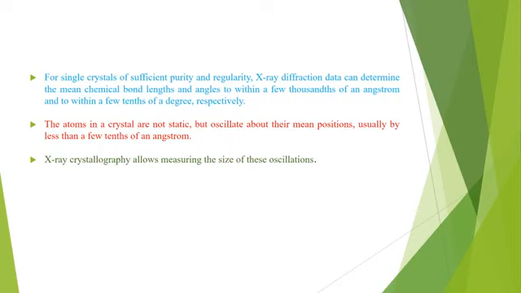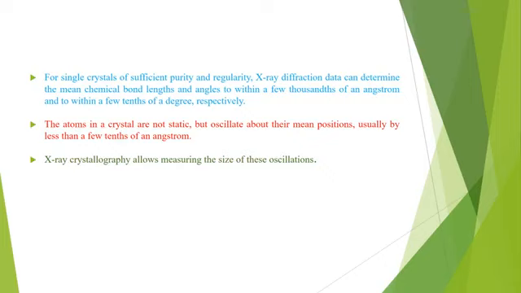That is, the distance between the atoms can be measured by X-ray diffraction data. And also the angles between the atoms or the planes of the crystal lattice can be measured by X-ray diffraction techniques. And also we know that the atoms in a crystal are not static, but oscillate about their mean position, usually by less than a few tenths of an angstrom.